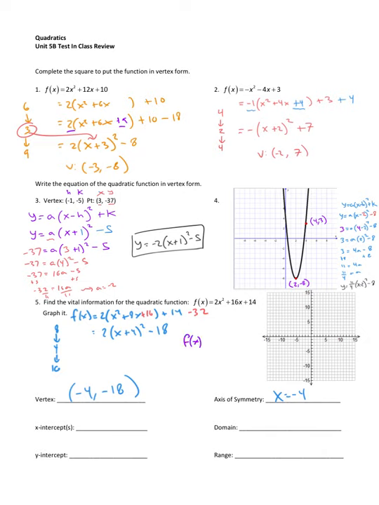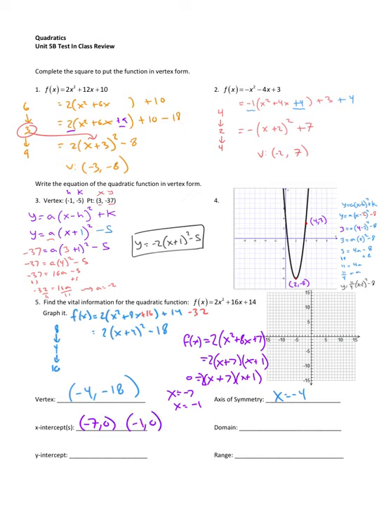F of x equals, factor out the GCF of 2, x squared plus 8x plus 7, and then x and x, 7 and 1, which gives me, if I set it equal to 0, I get, that's my 2, x equals negative 7 and x equals negative 1 are my x-intercepts, so that would be the points negative 7, 0, and negative 1, 0.